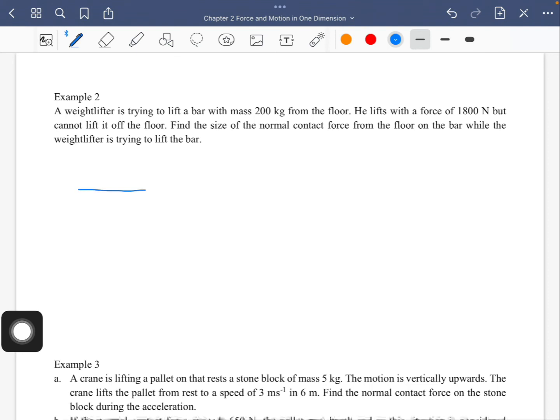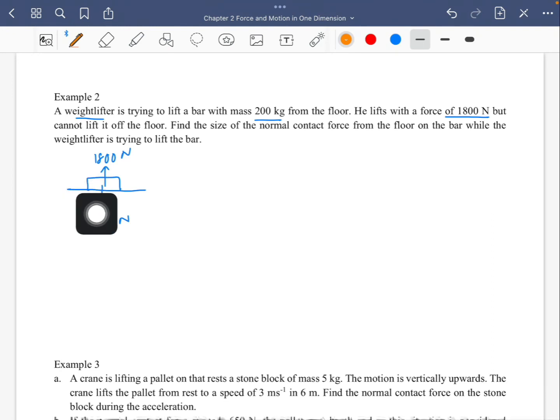So we have the floor and there is a weight bar over there of mass 200 kg. So we have the weight of the bar, 2000 Newton, acting vertically downward, and then the weightlifter tries to lift the bar with a force of 1800. So there is a force from the weightlifter, that person, with 1800 Newton. And other than that, remember the bar is still on the floor, right?